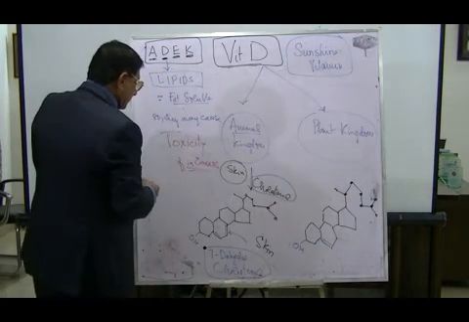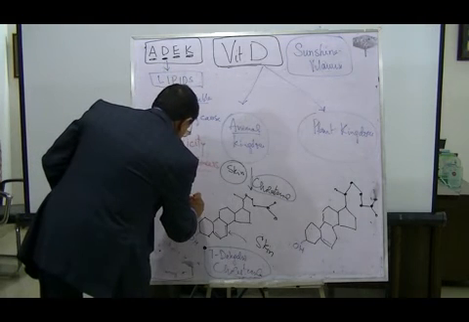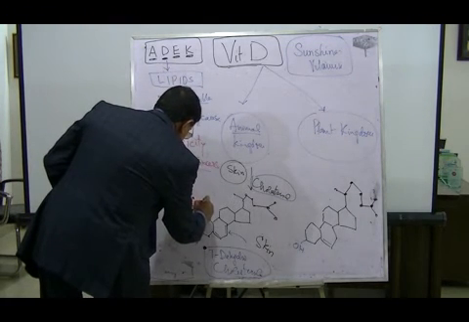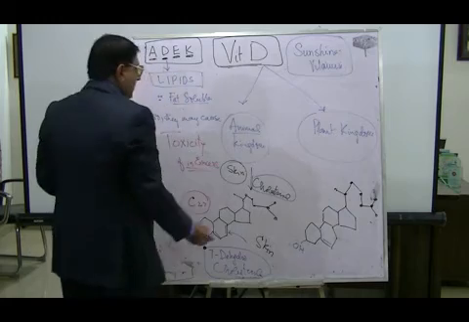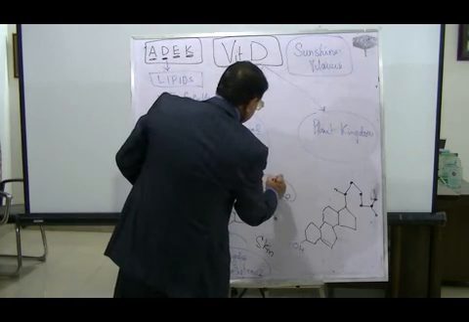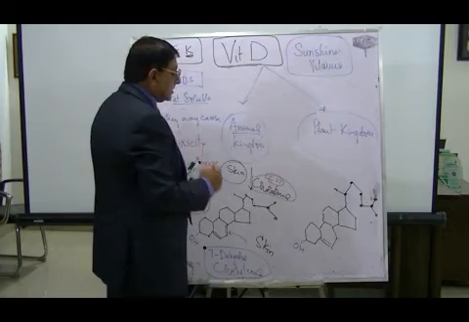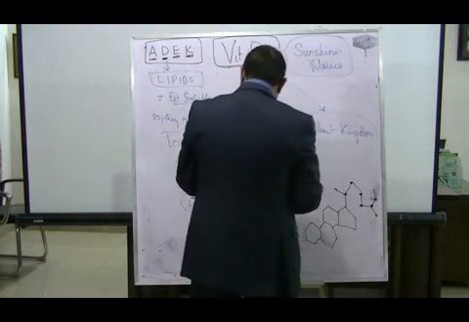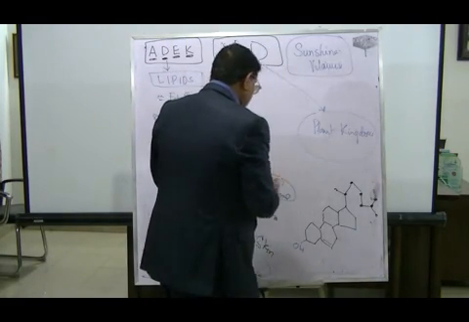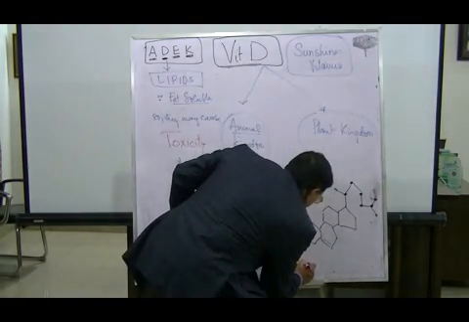In the case of 7-dehydrocholesterol, this is C27. Cholesterol is also C27, 27 carbons. But this one is ergocalciferol.